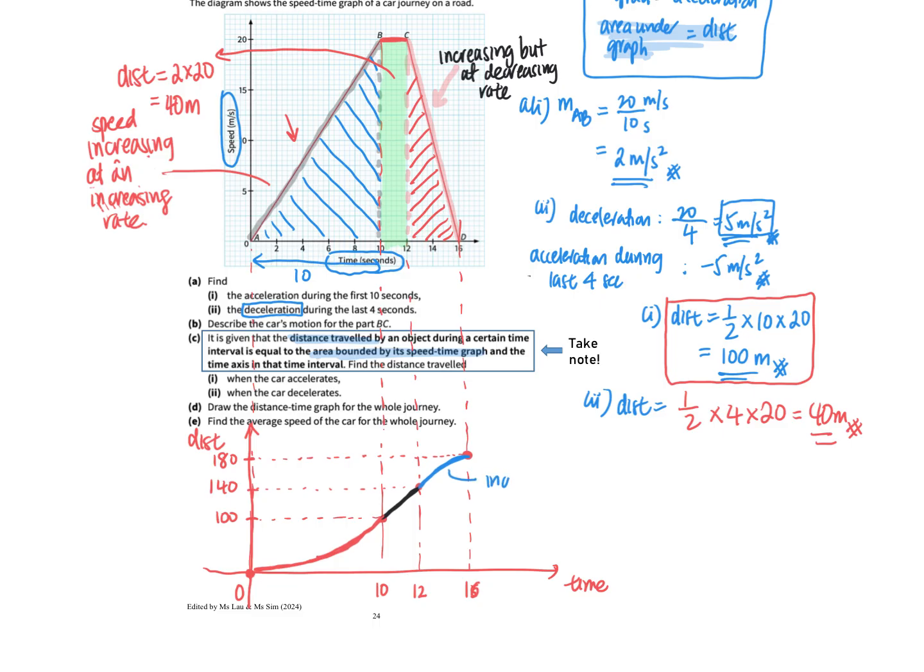So increasing. There's basically only these three types. Okay, then this is increasing uniformly or constant rate.